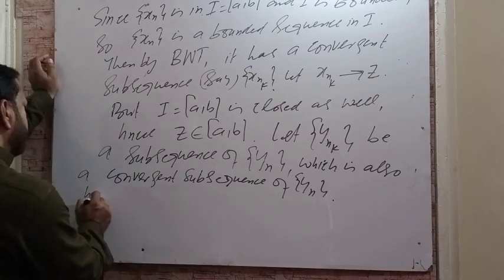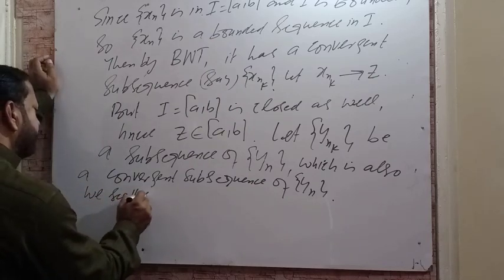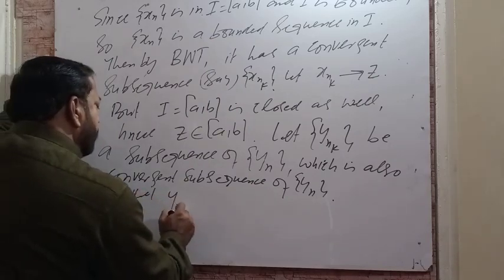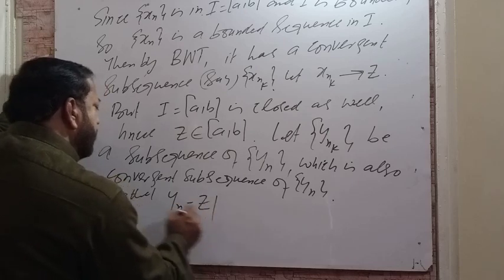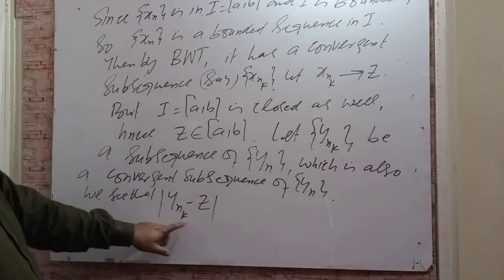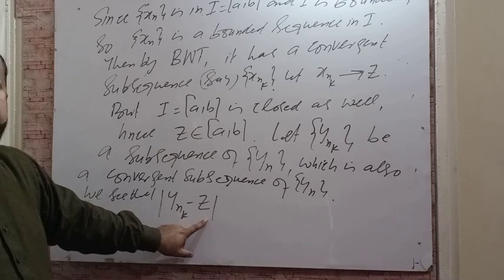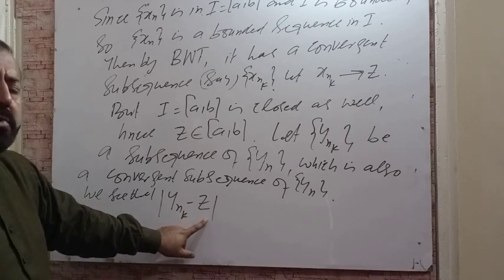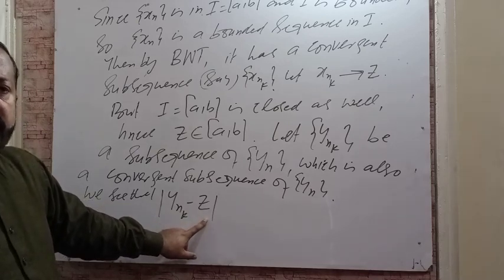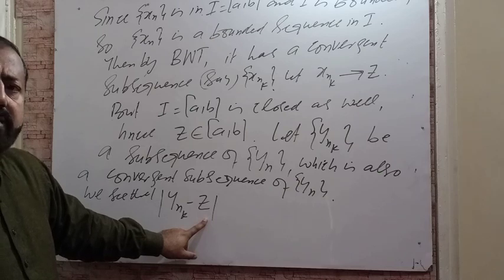Now we see that for ynk minus z, my target is to show that ynk is also converging to z. If this is the case, then it would be easy to establish the negation of the definition of continuity as well.